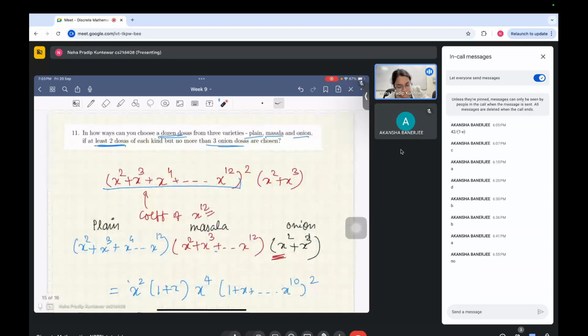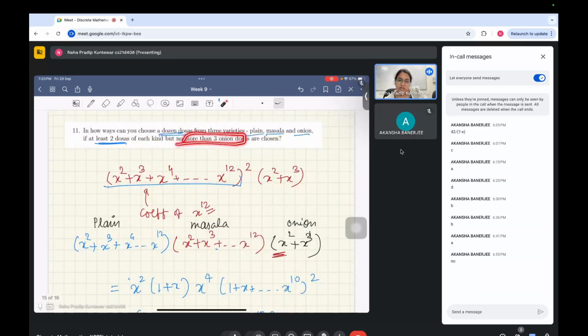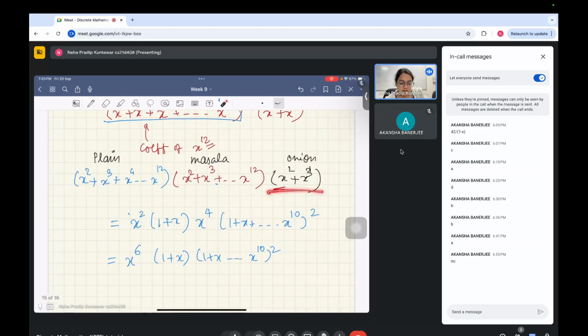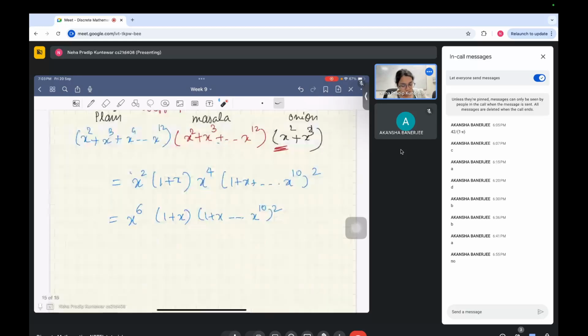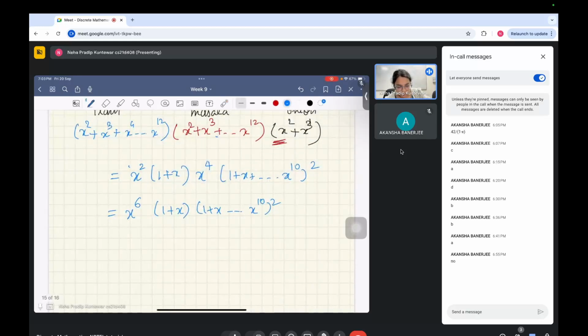Because the at most condition here is for the onion dosa, and that term is anyway here, so I can still approximate this, because here you only have the at least two condition. So I'll write what I'm trying to say.